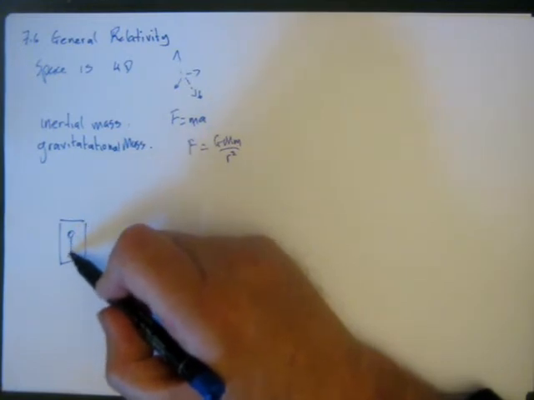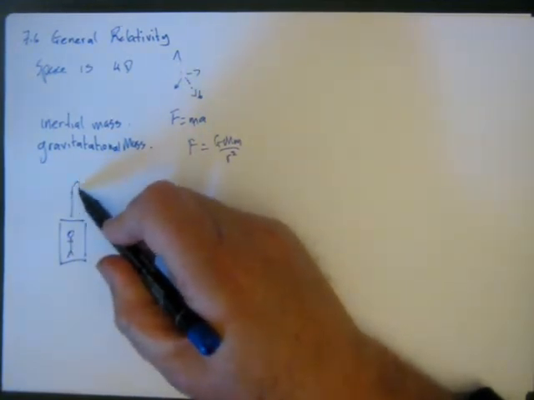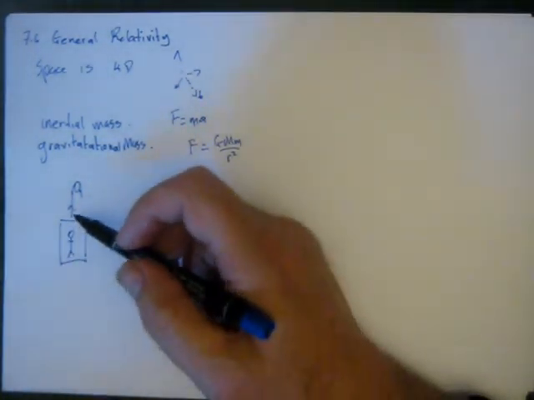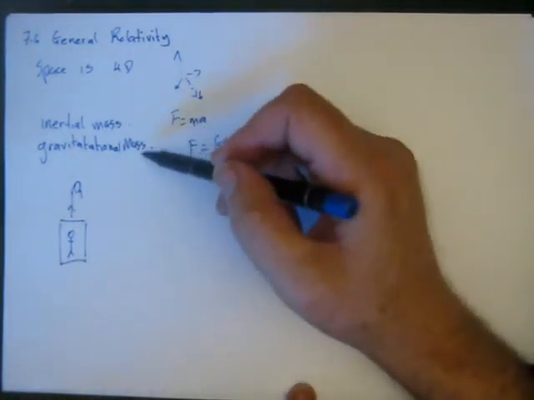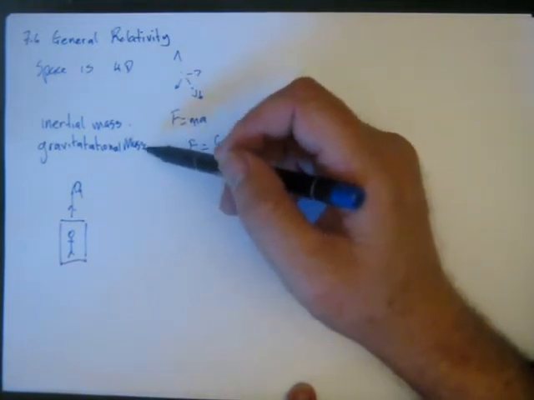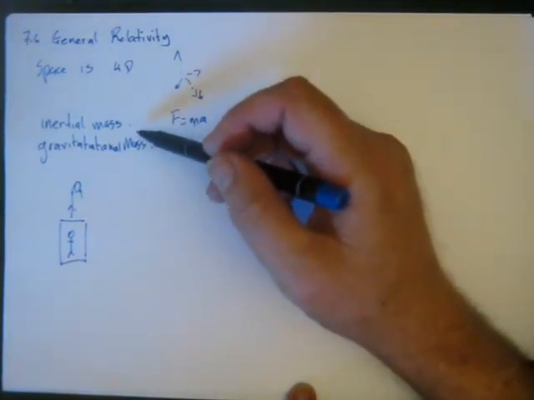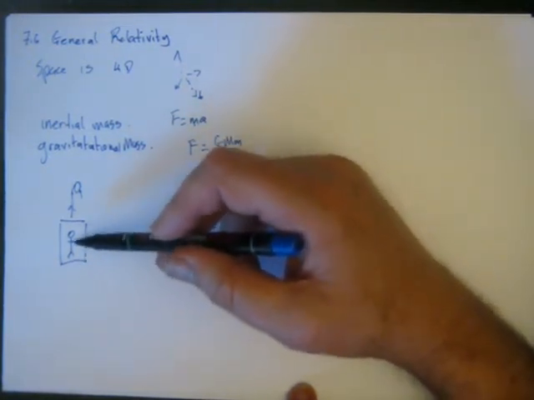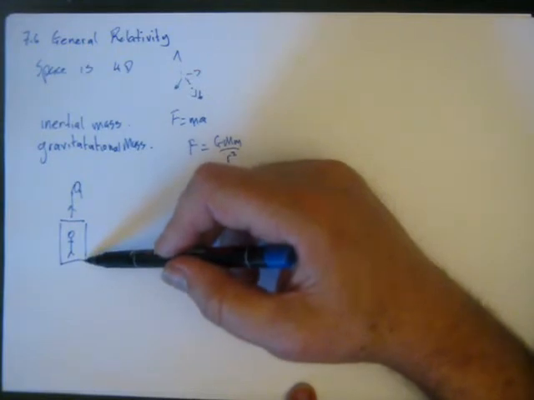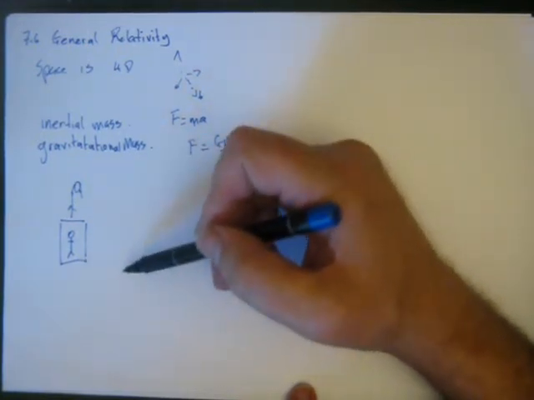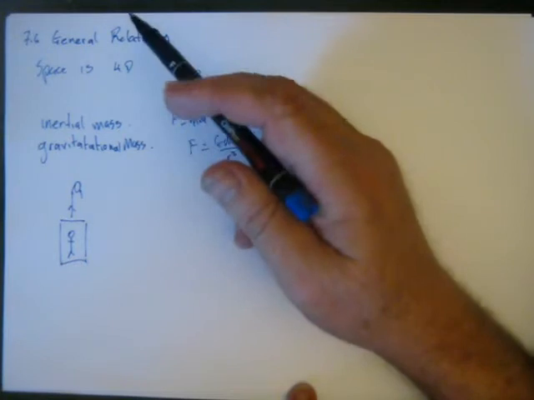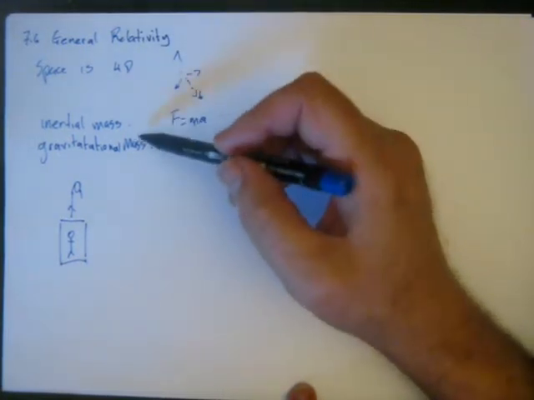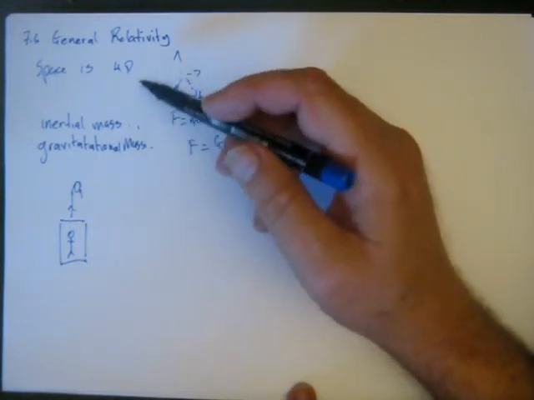If you're in an elevator and your elevator is accelerating upwards, his argument was, could you tell the difference between these two masses? And basically his conclusion was no. There is no test that you can do which would say whether you're standing in the elevator in a gravitational field or the elevator was accelerating upwards in an empty space. There's no test you can do, and these two are actually the same.